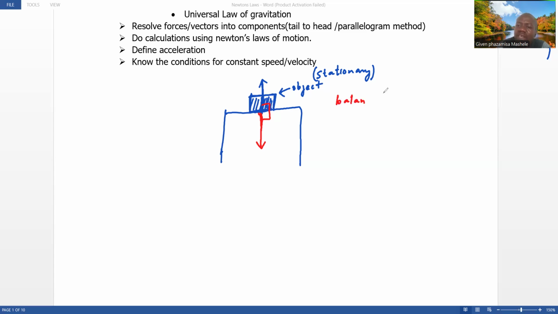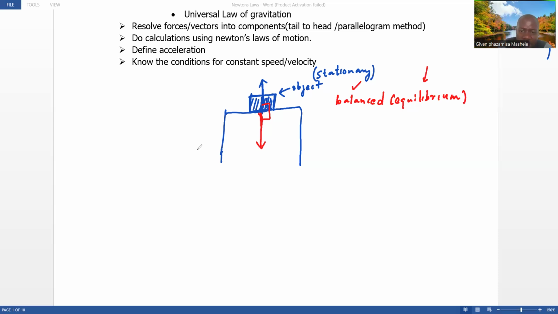And it's very important to understand what we mean when we say forces are balanced. We can say we have balanced forces, or we say forces that are in equilibrium. There's a video that I have created on how to solve problems that are in equilibrium. Now, let's look at this.